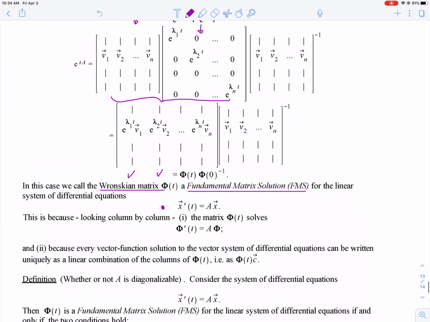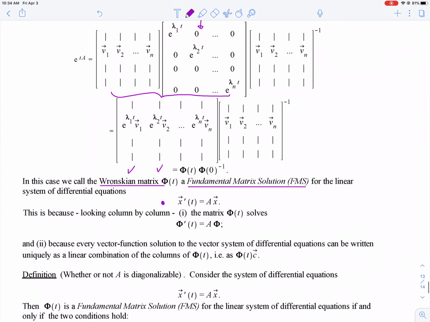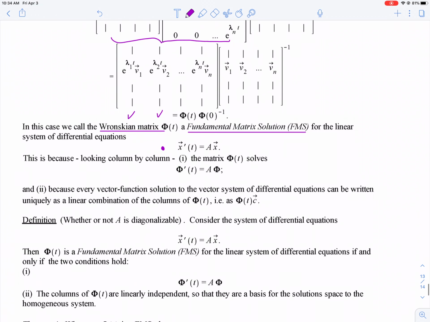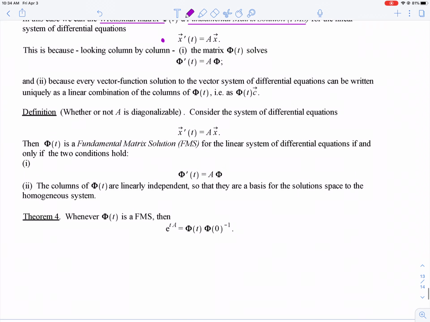This definition works regardless of whether you have a diagonalizable matrix or not. So if you have any first order system x prime equals Ax, then Phi(t) is a fundamental matrix solution if and only if Phi prime equals A Phi.